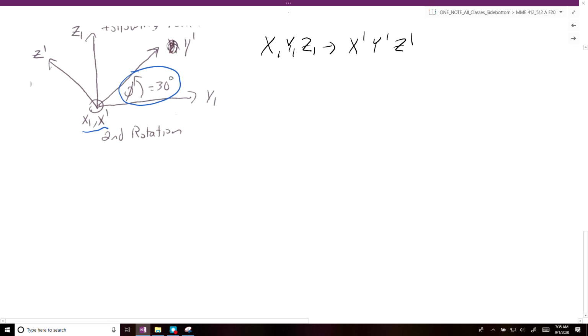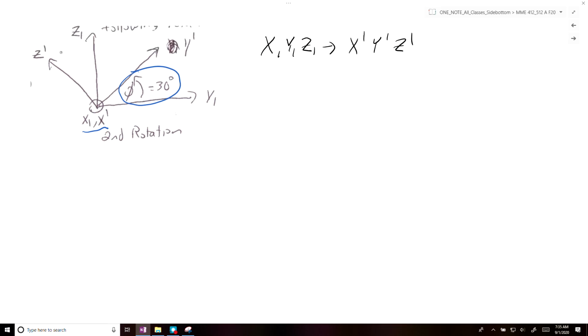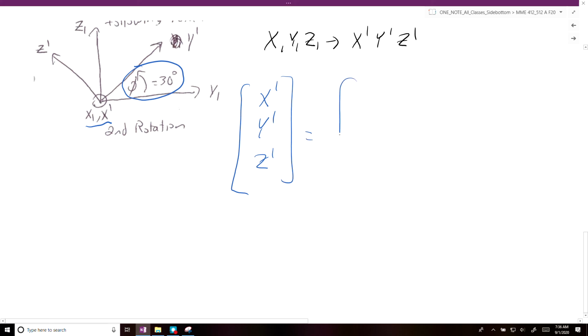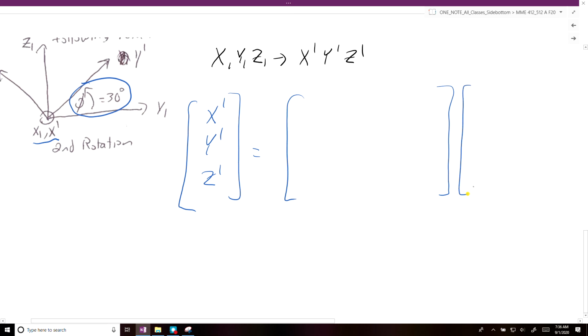Again, we'll have a transformation matrix, where our new coordinate system, x prime, y prime, z prime, gets transformed using a transformation matrix multiplied by our old coordinate system, x1, y1, and z1.